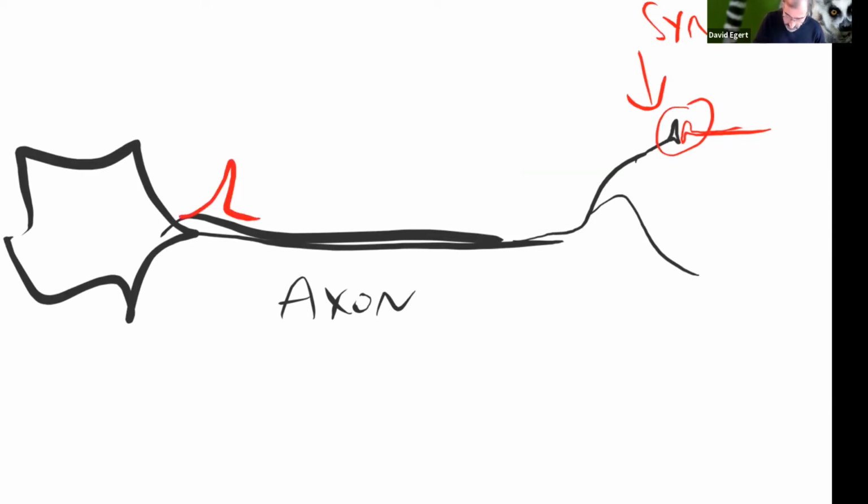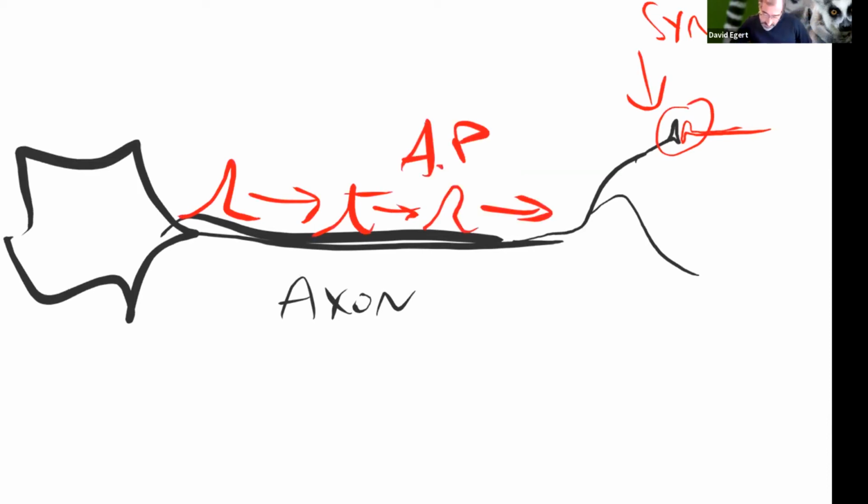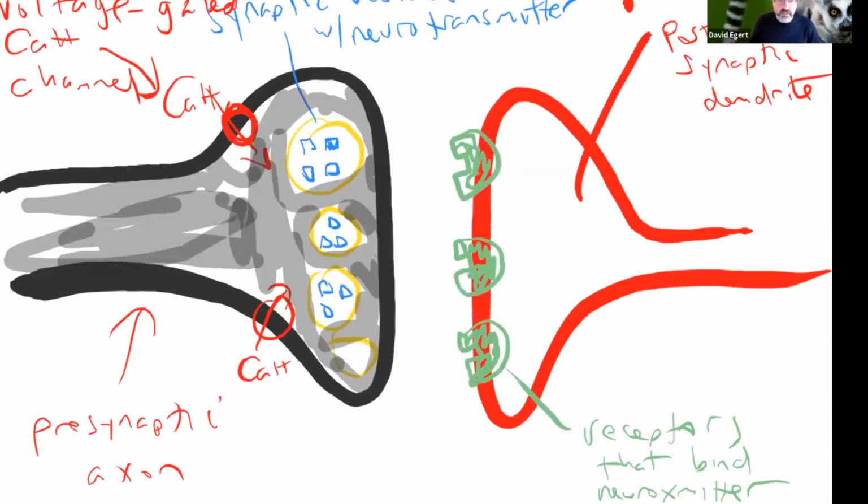Some action potential is zipping down the axon. And that action potential makes it all the way to the very end. So now we go to our synapse here. So that action potential has made it all the way to the very end here. When that action potential reaches there, that's going to trigger these voltage-gated calcium channels.